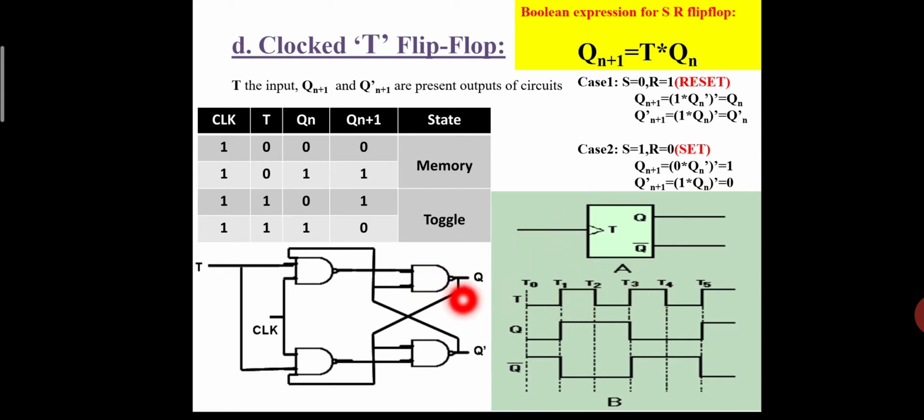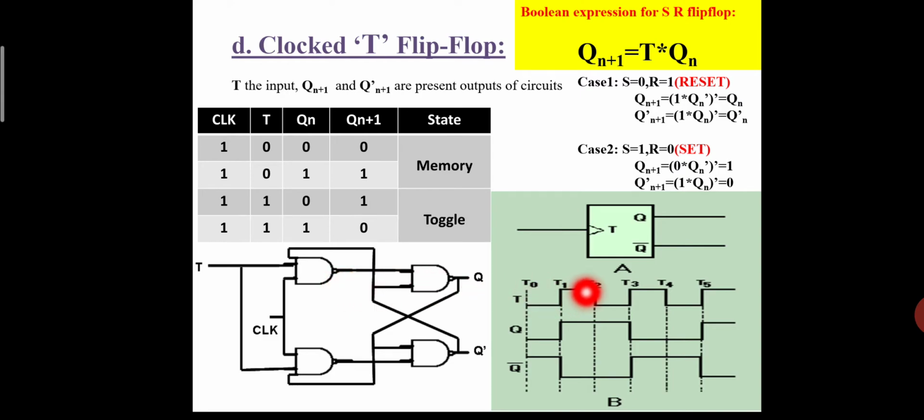So here is a timing diagram. T is 0 and Q is 0 and Q bar is 1. And at the next transition from T1 to T2, T is high, toggle is 1.